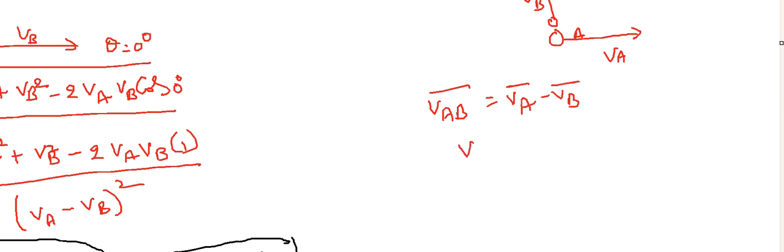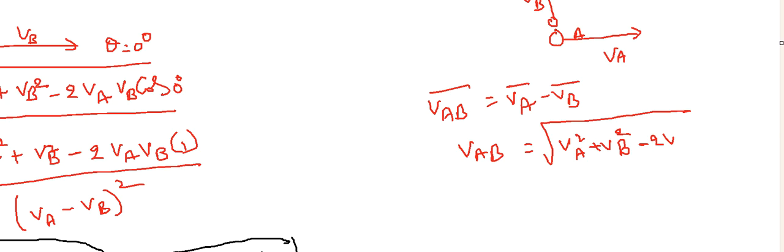So VAB is given by root of VA square plus VB square minus 2 VA VB cos theta. But in this case, theta is 90 degree because they are moving perpendicular to each other.